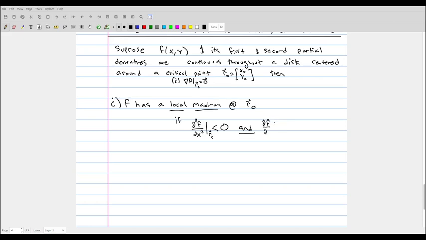I'll use the subscript notation, because it's a little bit easier to write down. So it's a local maximum if f_xx at the point R naught is less than 0, and the quantity f_xx times f_yy minus f_xy squared is greater than 0. This is at the point R naught.